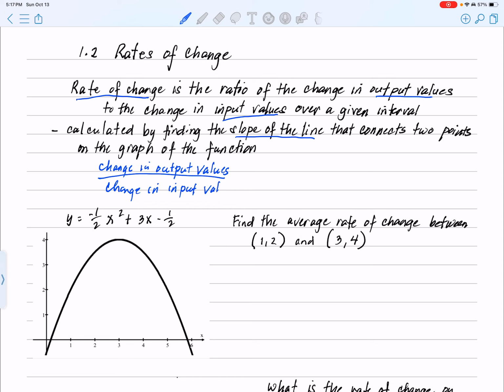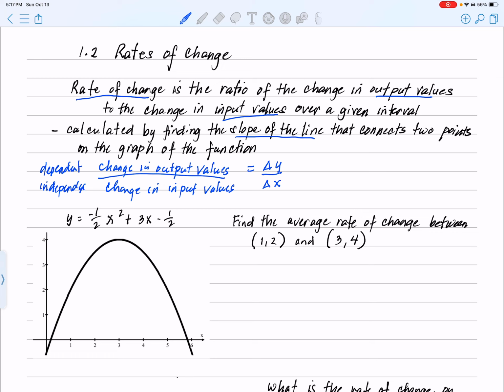Or when we were in algebra 1 or 2, you always have the change in y over the change in x. Remember that the output is the dependent and the input is the independent.